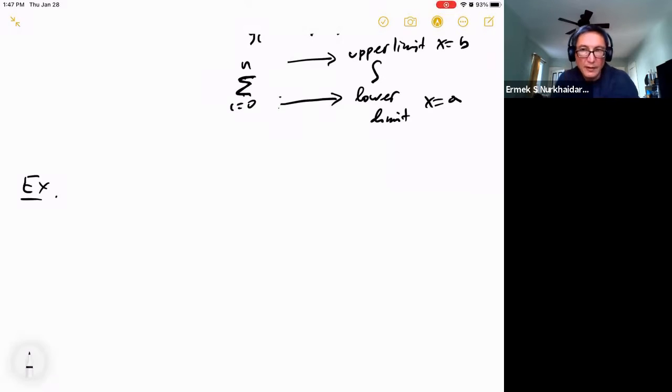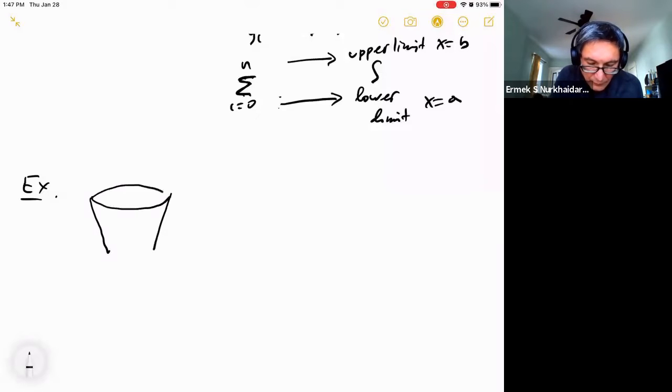So I have a circular base and a circular thing on top. Let's pretend it looks like this. It's not exactly like that because it's a little bit convex, but let's pretend. And we want to calculate its volume.